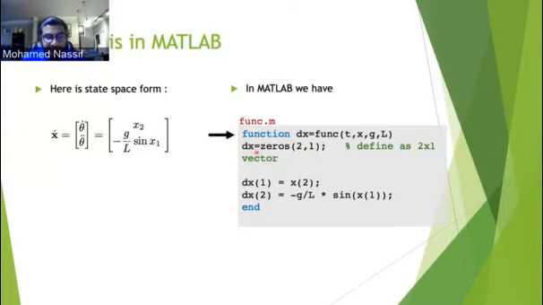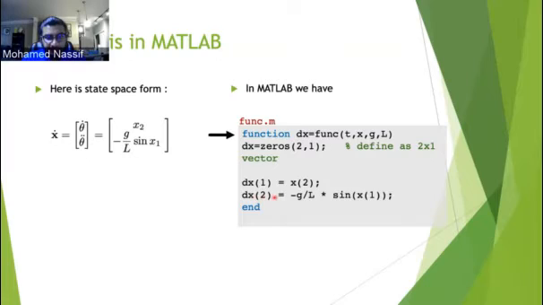So you want to define dx, so your output will also have two. So dx is 0, 2 by 1. So you always want to define a vector. So if it's 5 by 1, 6 by n, whatever you want to define. And you set dx of 1, which is this, first element is equal to x of 2, as we've said right here.